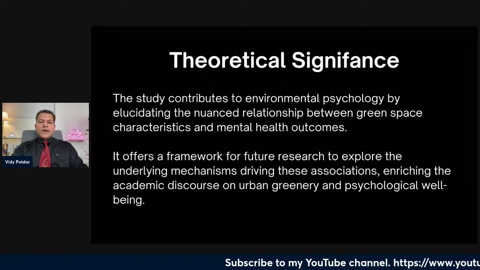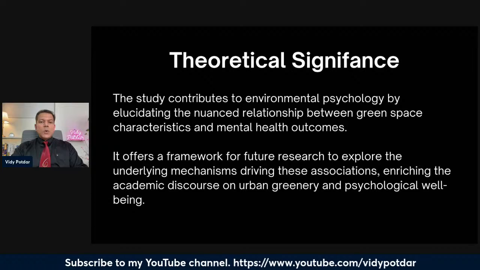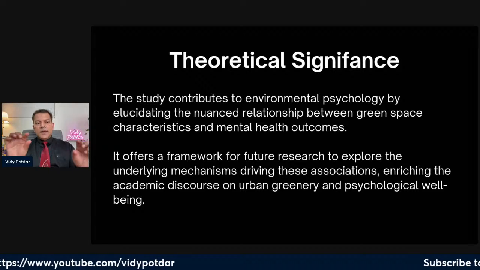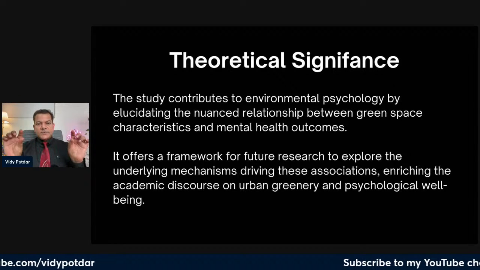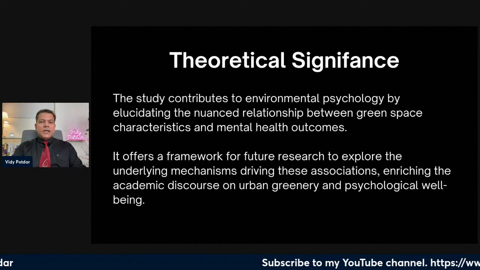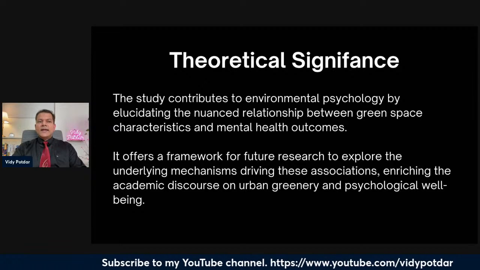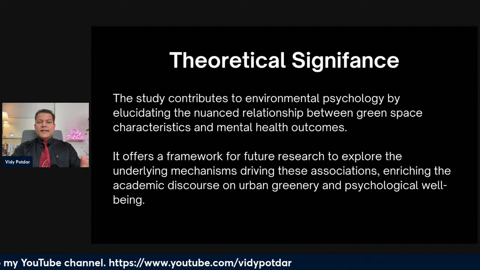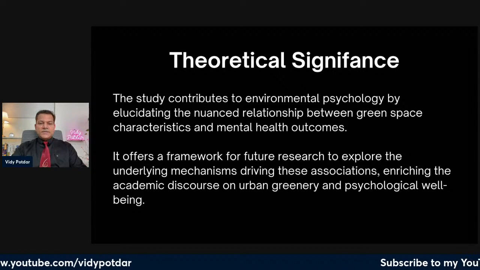The study contributes to environmental psychology by elucidating the nuanced relationship between green space characteristics and mental health outcomes. So maybe this is the innovation that will be generated from your study, which you haven't done yet, but you are thinking that this will be the theoretical significance of your research.